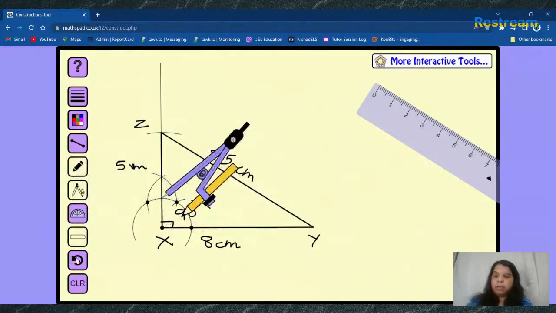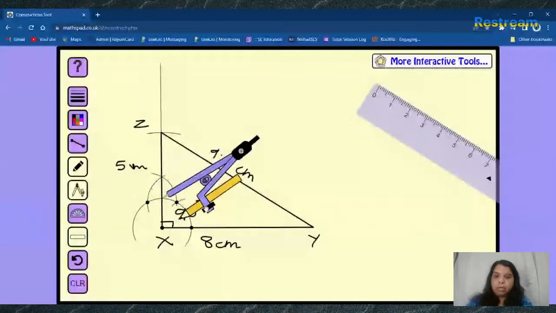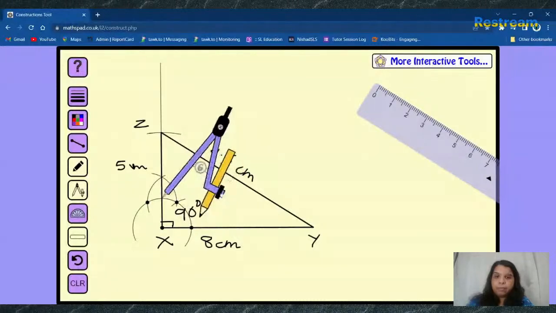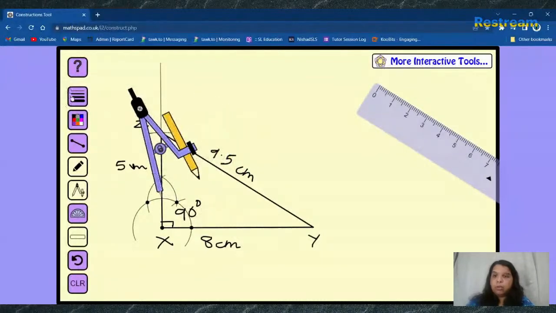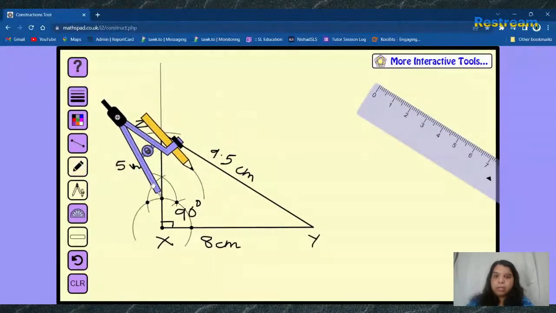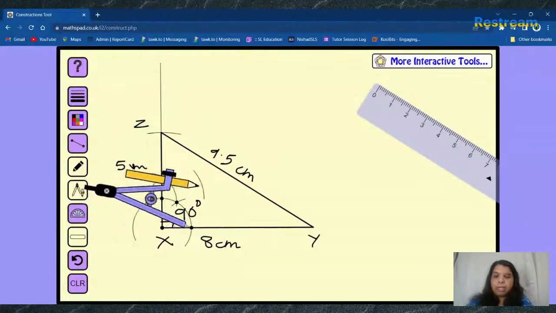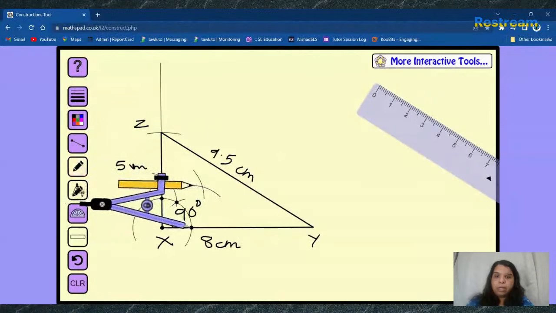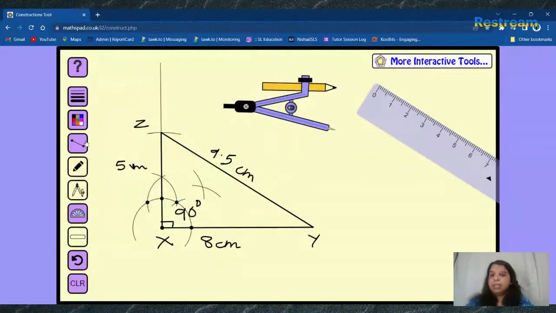We have to take a distance which is more than half, and here we are going to draw another arc like this. We are going to put it over here and we are going to bisect this angle. Okay, like this. So we have bisected this angle and we have drawn the angle bisector of YXZ or ZXY. This is my angle bisector.